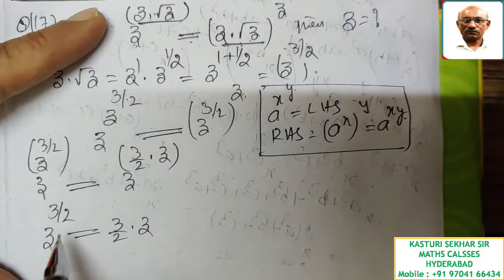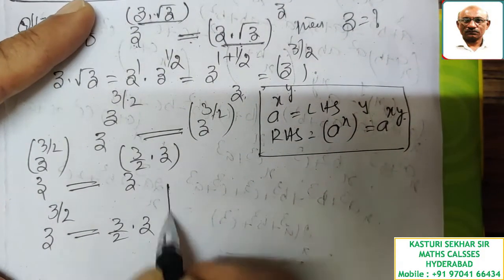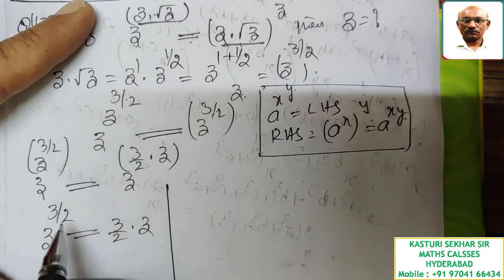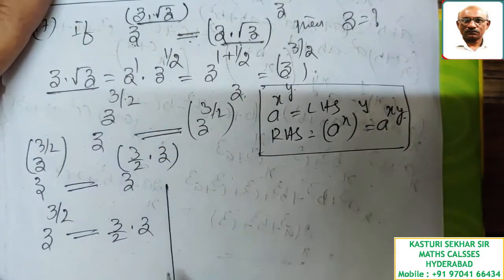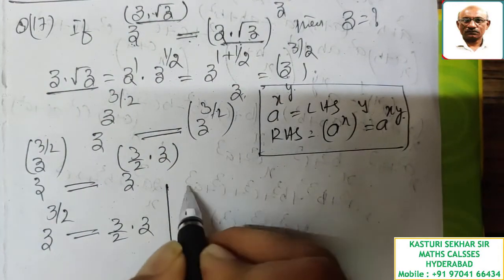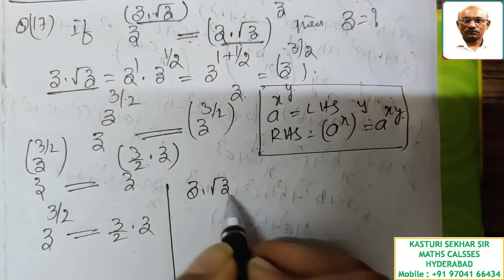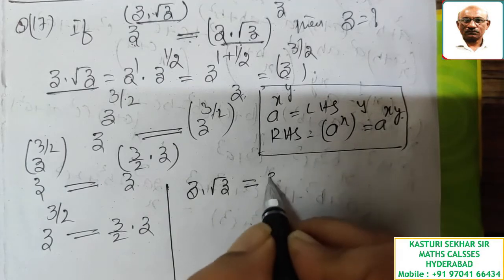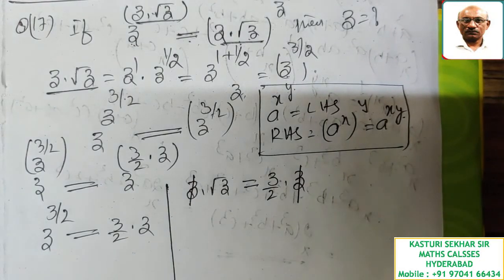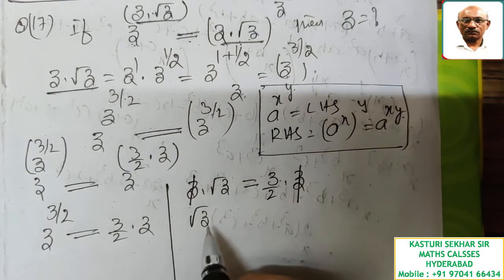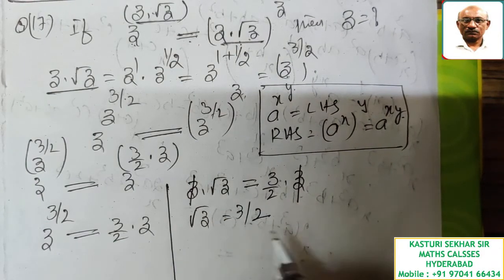Now z to the power 3 by 2 again can be written as z into square root of z. So z into square root of z is equal to 3 by 2 into z. You can cancel one z on both sides. Square root of z is equal to 3 by 2.